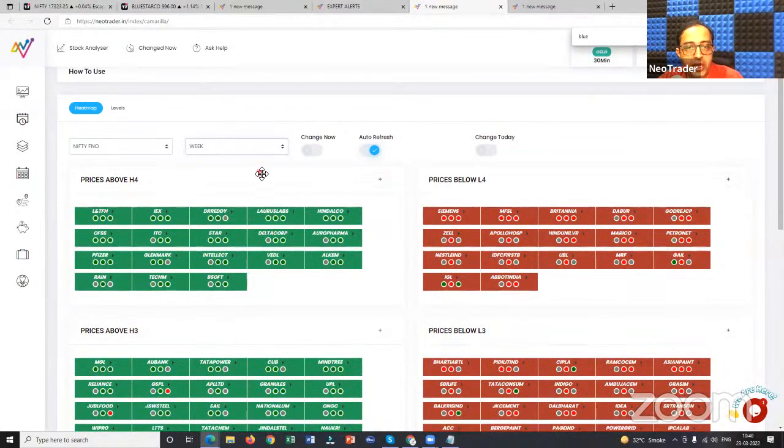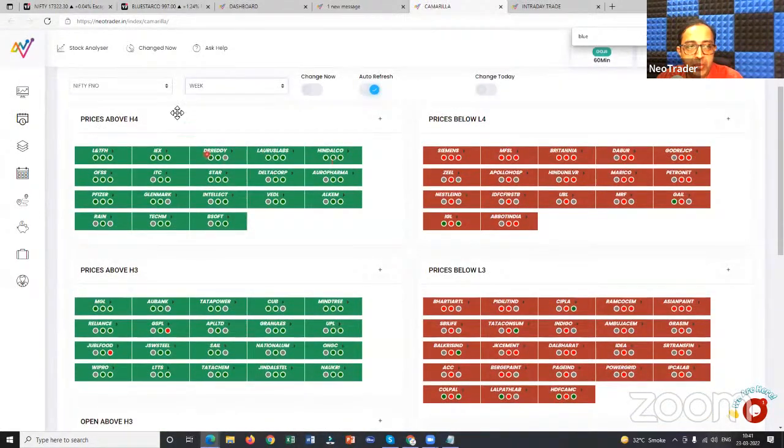When you go into the weekly, you see here that this is the position of the week, and this is how the Camarilla setup is as per the weekly pivots. As per the weekly pivots, what is the overall setup? That's what has been reflected here.